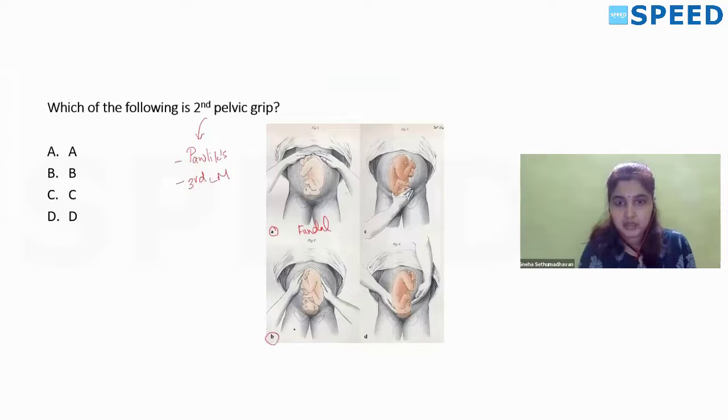B will be the lateral or umbilical grip. C will be the Paulick grip or second pelvic grip. And D will be the fourth Leopold maneuver or the first pelvic grip. All right. So the answer here, second pelvic grip, will be this option C.